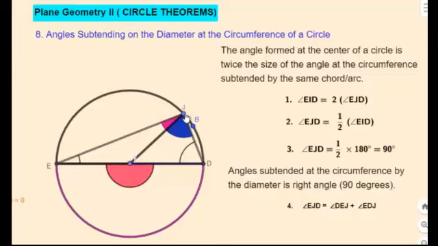So when these two angles are added together as they are in point 4, they must give you the angle at the circumference.